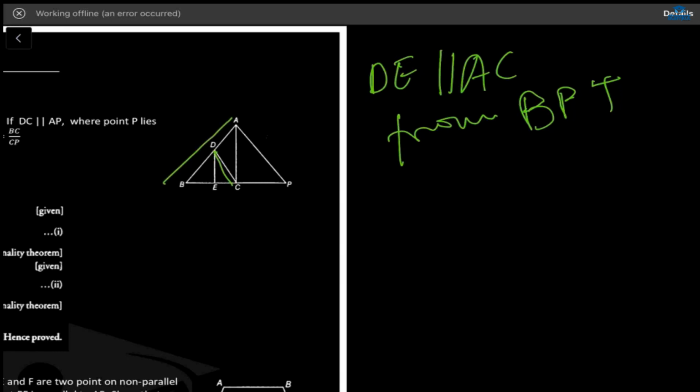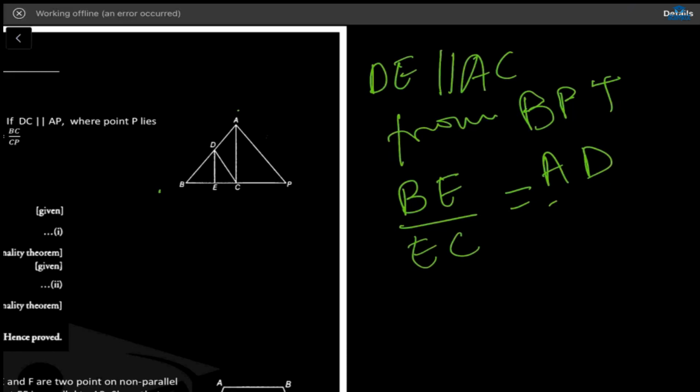See, it is talking about this particular triangle, and this is parallel to this. That means BE by EC will be equal to AD by BA. If this is parallel to this line, that means this by this is equal to this by this.